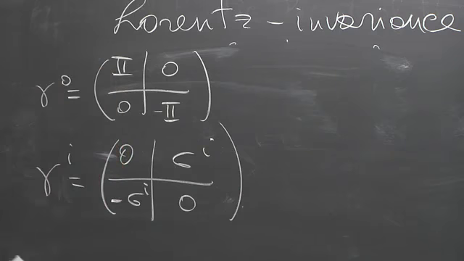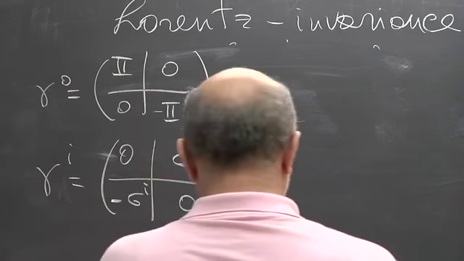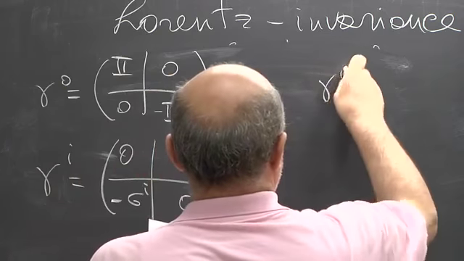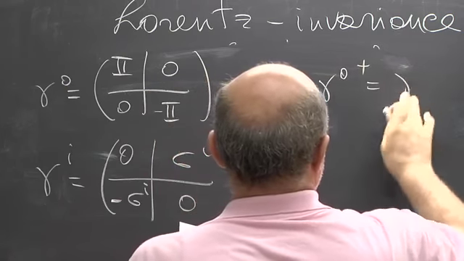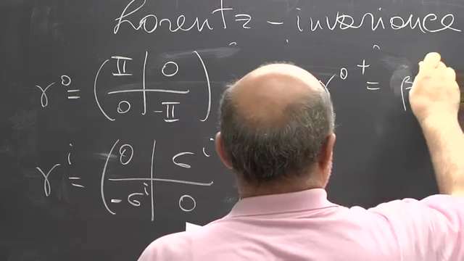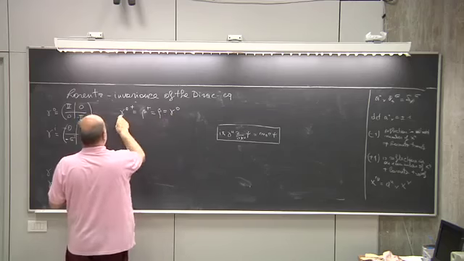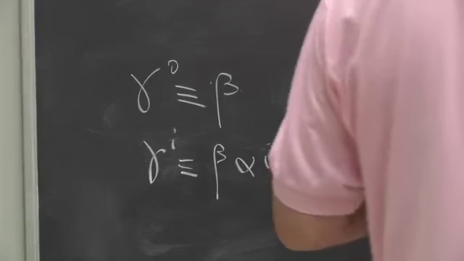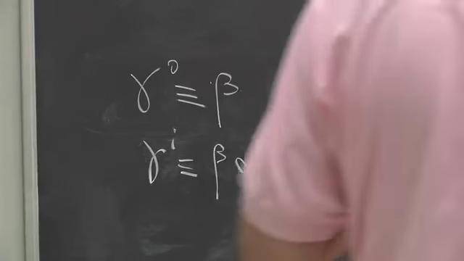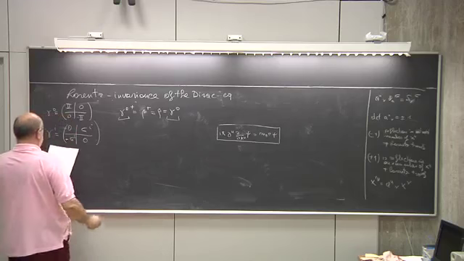Well, they have a lot of nice features. Remember that alpha and beta were Hermitian. Well, the gamma are not all Hermitian. For example, gamma 0 dagger is beta dagger, but this is beta, which is gamma 0, so gamma 0 is Hermitian. Let's now check whether gamma i is Hermitian.